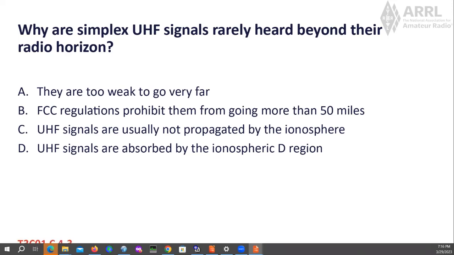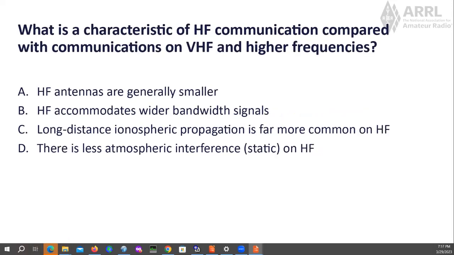And the answer is C, UHF signals are usually not propagated by the ionosphere. What is a characteristic of HF communication compared with communications on VHF and higher frequencies? The answer is C. Long distance ionospheric propagation is far more common on HF.